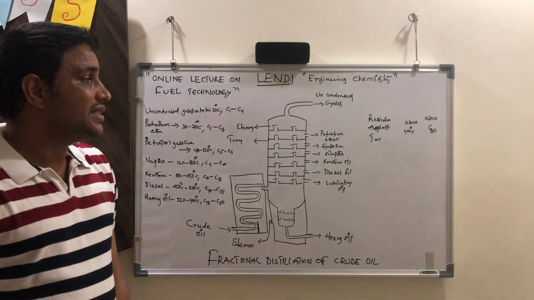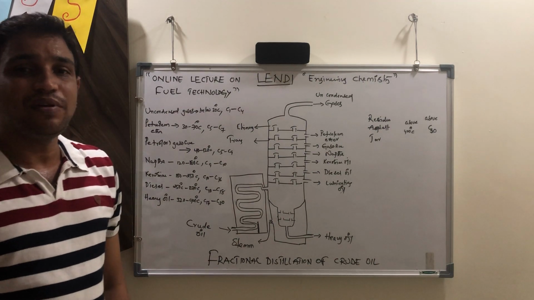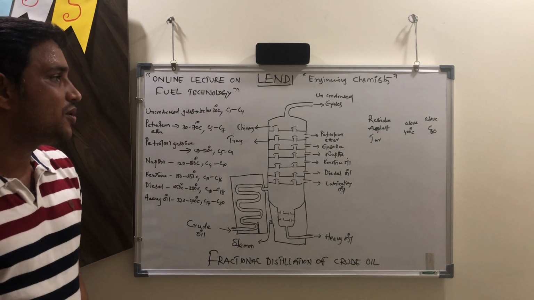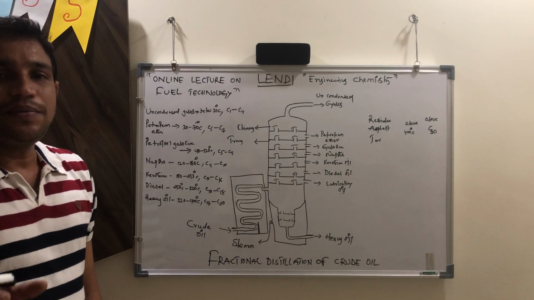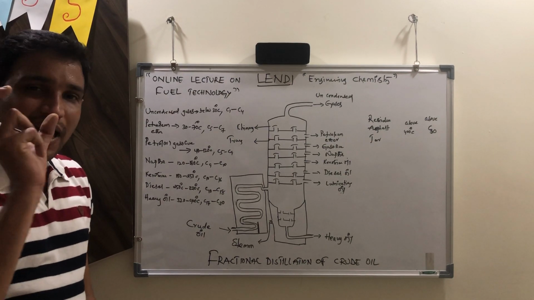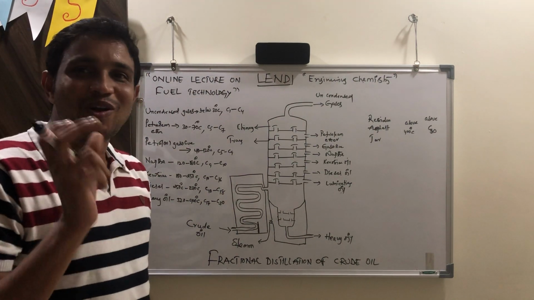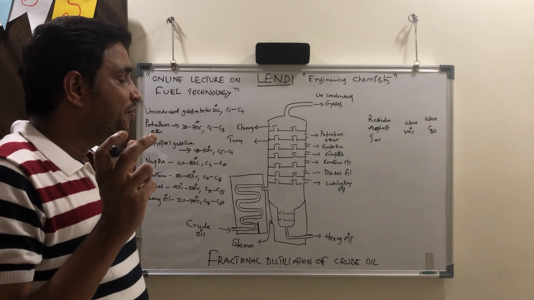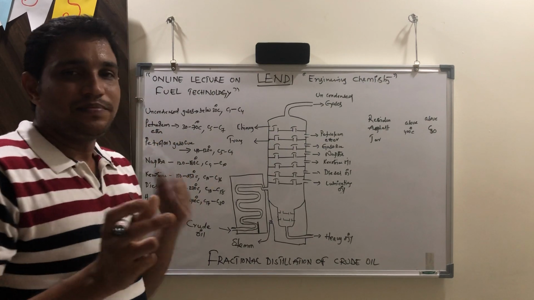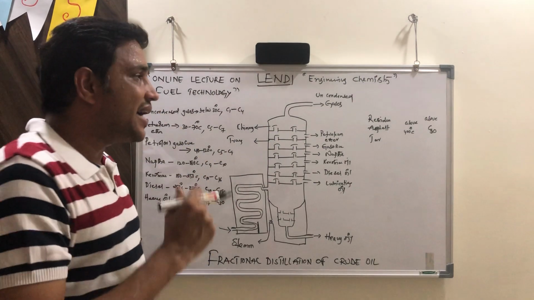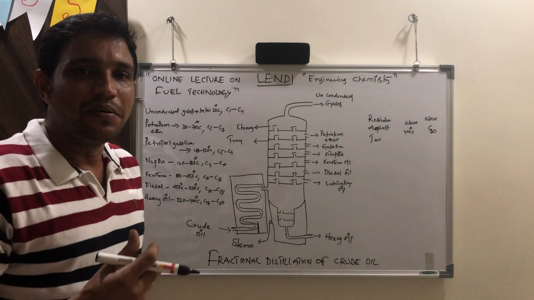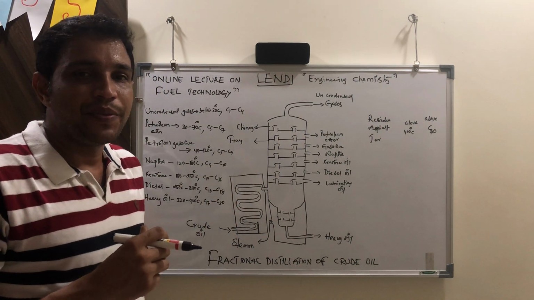Right, guys? So the major constituent will be carbon. The obtained crude oil contains different kinds of hydrocarbon chains, right?